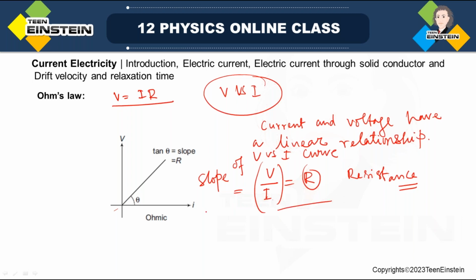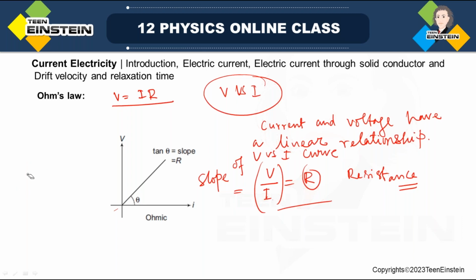Even in the case of a superconductor, you will not see a linear current-voltage relationship. Specifically in diodes, transistors, etc., current and voltage are not directly proportional to each other.